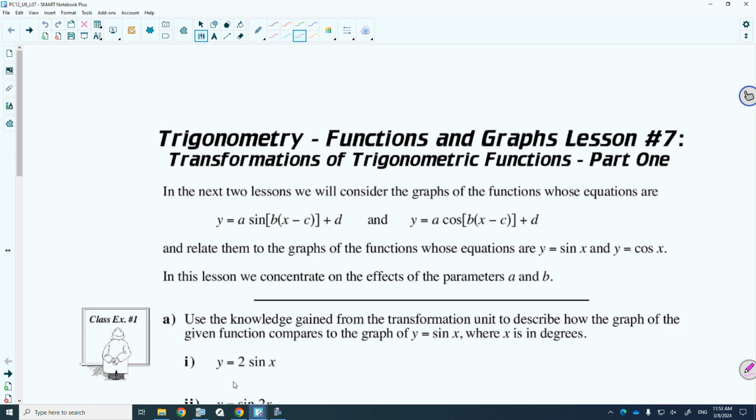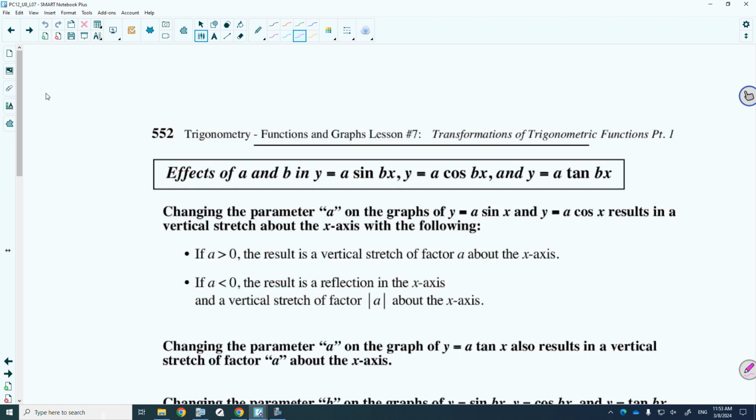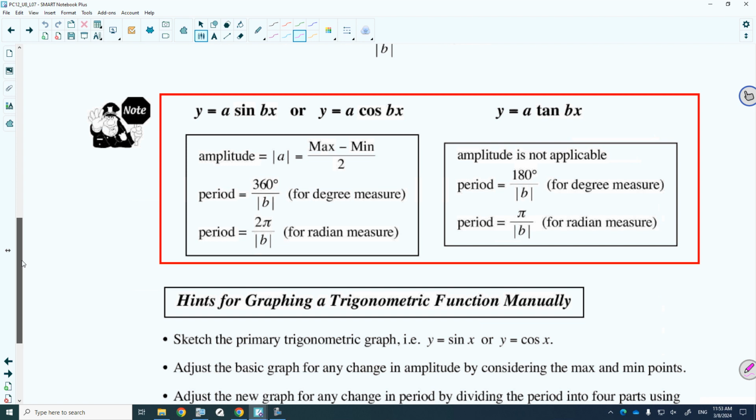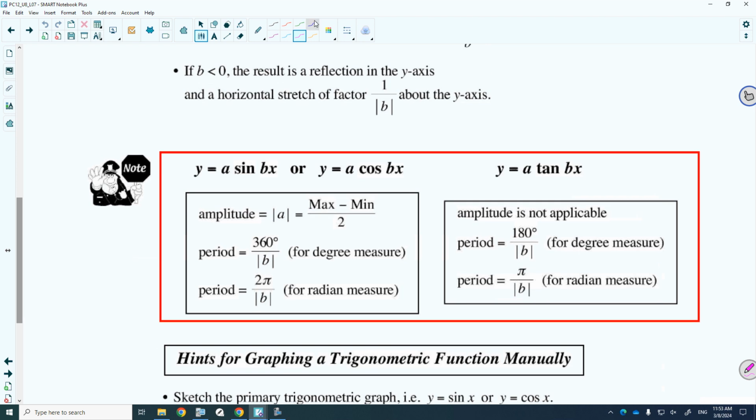So lesson 7, I want you to go to page 552. Okay, so for a tan graph, let's just quickly do a sketch of a tan graph. 0 is an x-intercept, 90 degrees is a VA, 180 degrees is an x-intercept, and 270 is a VA.